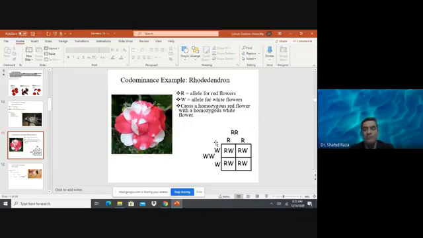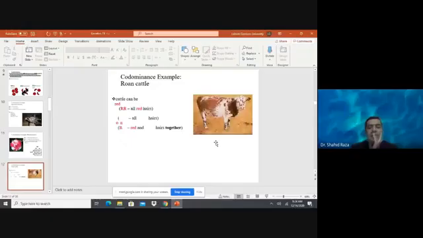Cross a homozygous pair, and we can see the red and white.